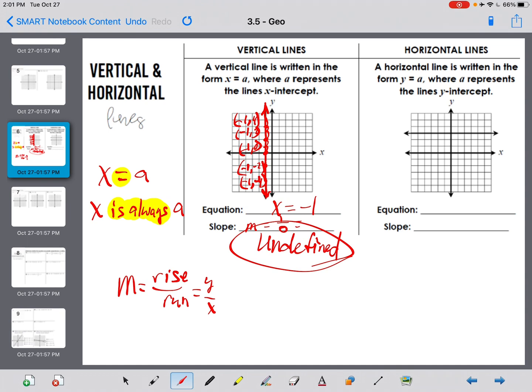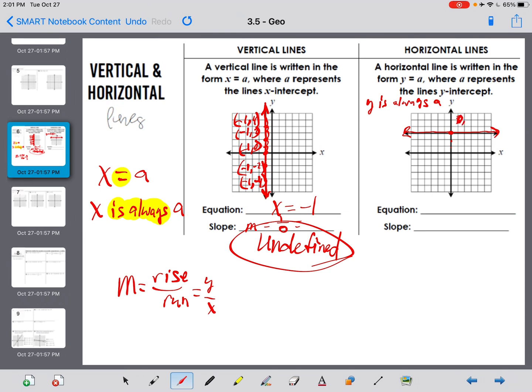Now, horizontal lines, and this is a weird thing about them. Vertical, you think of as the y direction, but it's talked about as an x equals because x is always a number. It's the reverse of that for horizontal lines. It's a y equals. So what that's saying is y is always a, whatever that a is. Here's the line we're looking at.